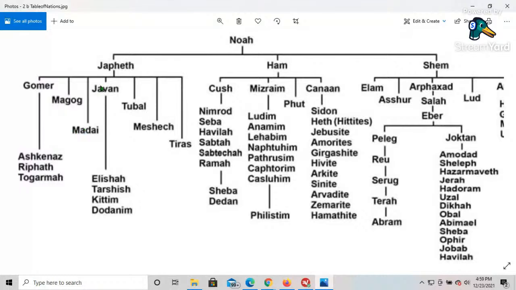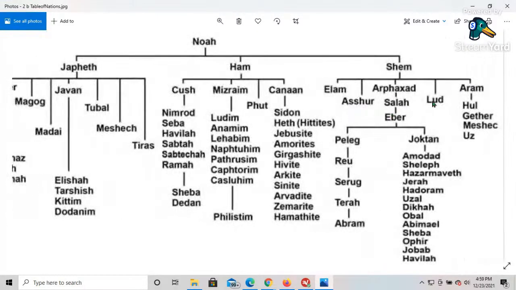Ham had 4 sons, including Put, the father of the North Africans. Shem had 5: Elam, Asher, Arpachshad, Lud, and Aram. Aram, of course, the father of the Arameans, Lud, the Lydians, Arpachshad, the father of Abraham, Isaac, and Jacob, Eber, Peleg, and Joktan. Of course, here's Abraham down here, Abram.